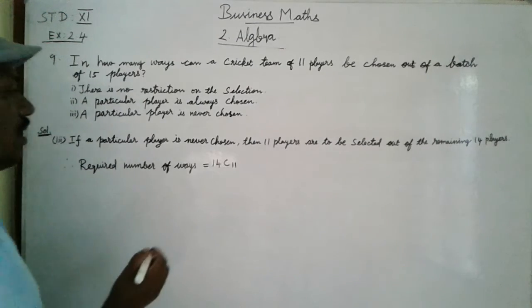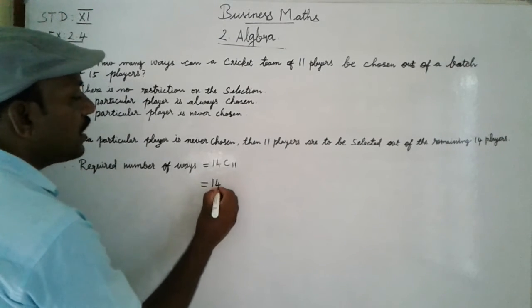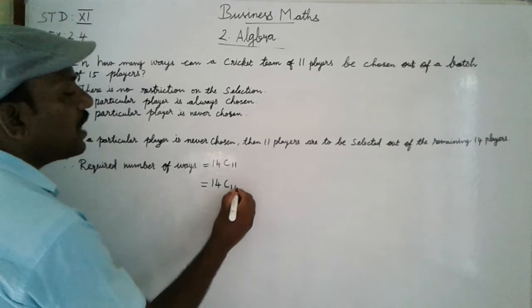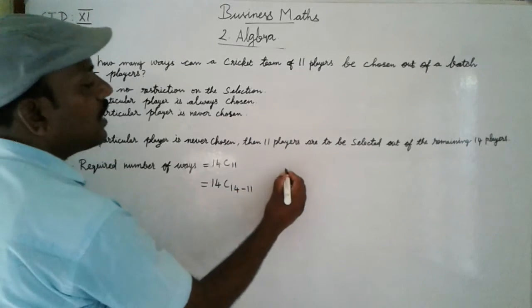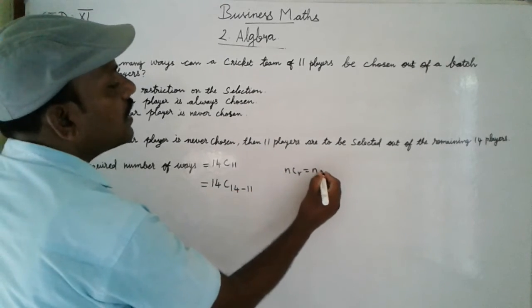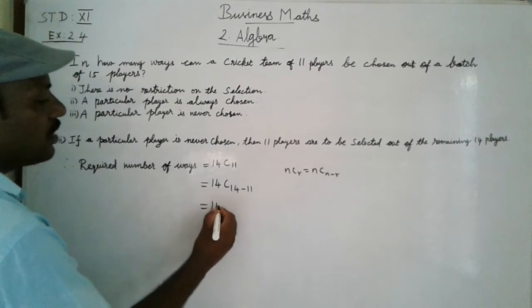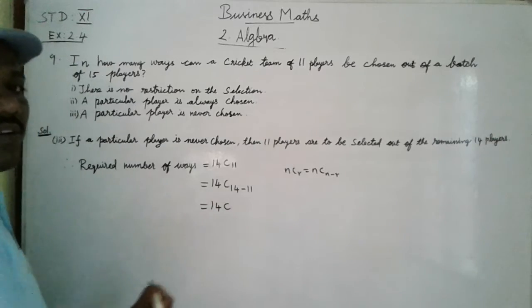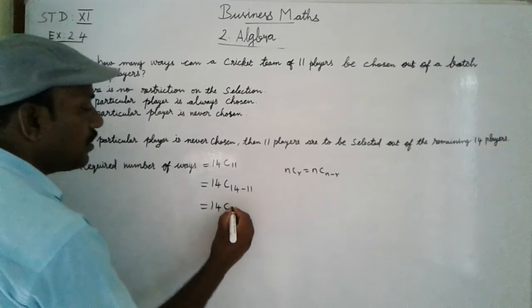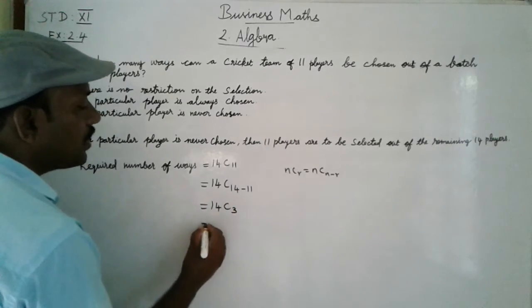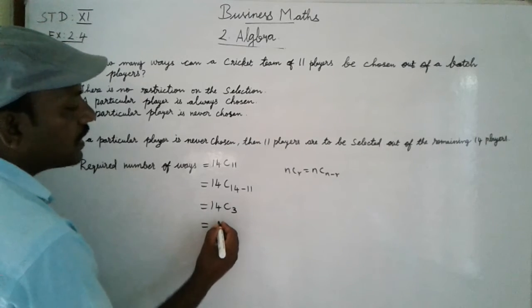14C11. We know that one of the formulas is nCr equal to nC(n minus r). So 14C(14 minus 11) is 14C3.